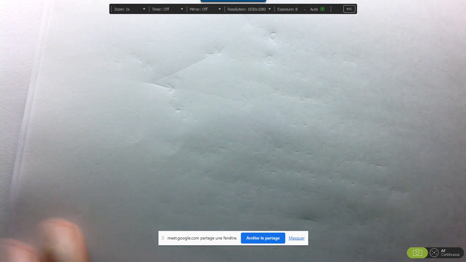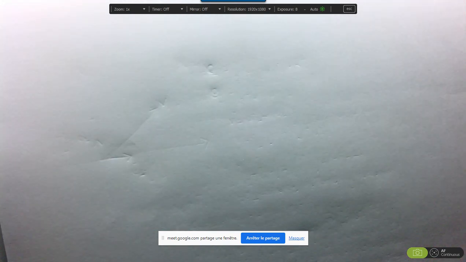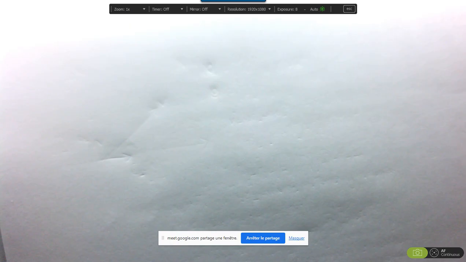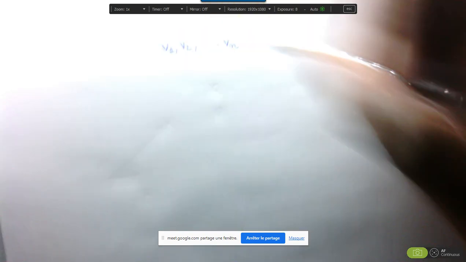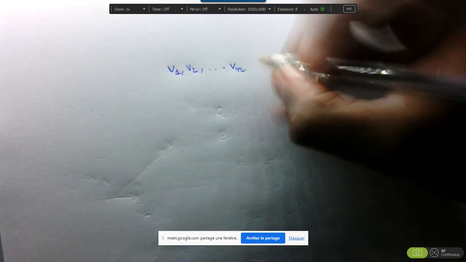Here, if you have a vector space, you have some vectors v1, v2 all the way to vn that are linearly independent.